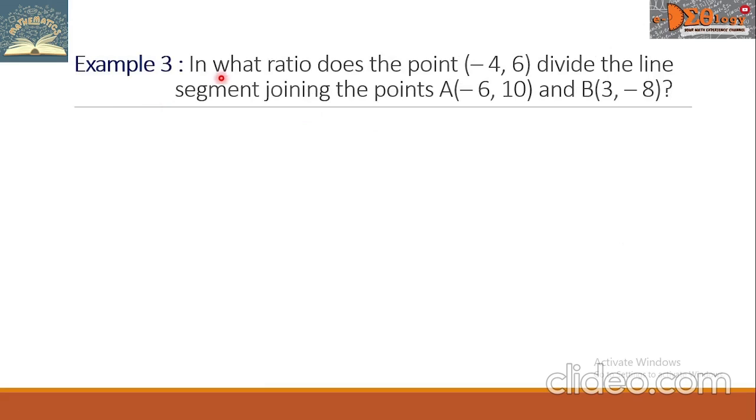Example 3. In what ratio does the point negative 4, 6 divide the line segment joining the points A, negative 6, 10, and B, 3, negative 8? Let negative 4, 6 divide the line segment AB internally in the ratio m sub 1 is to m sub 2.